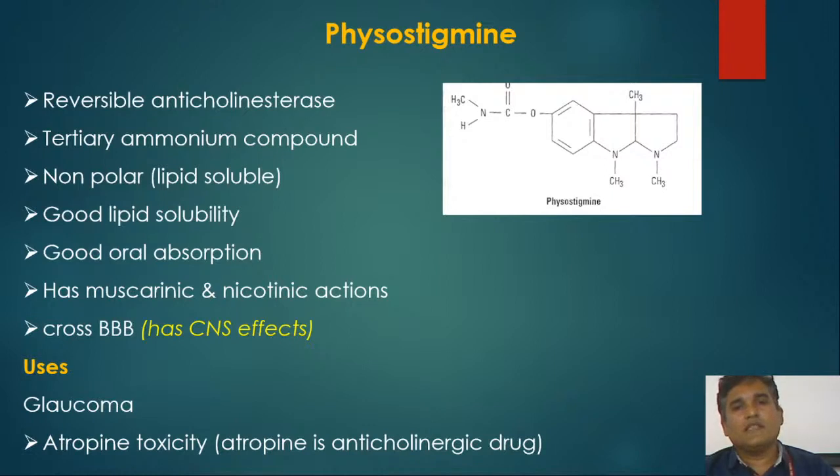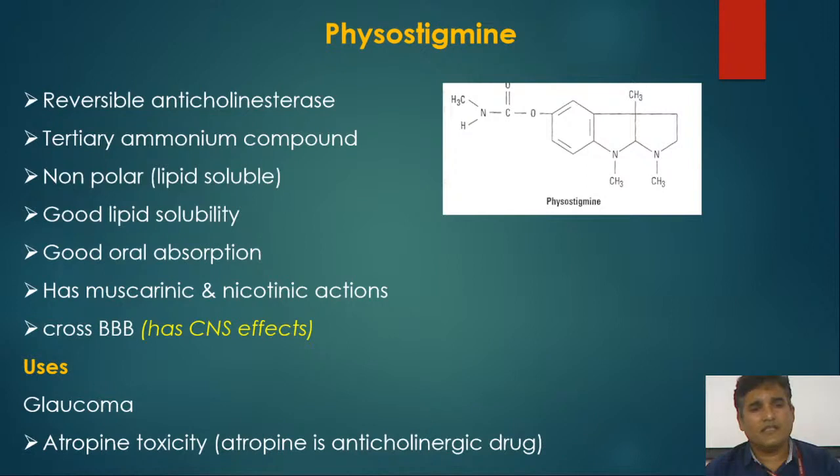When you discuss physostigmine, it is relatively lipophilic in nature and easily crosses the blood-brain barrier. It also comes under reversible anticholinesterases, not polar, lipid soluble, and easily absorbed by the GIT, having both nicotinic and muscarinic activity.